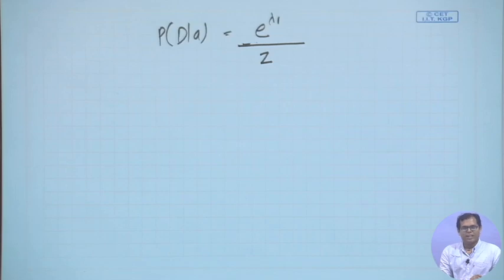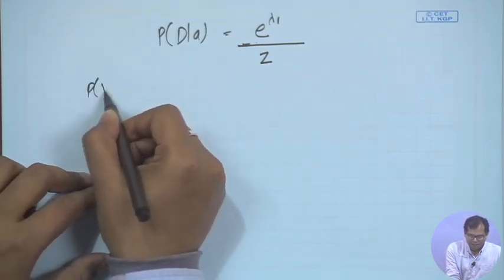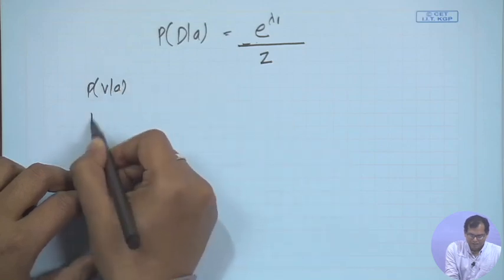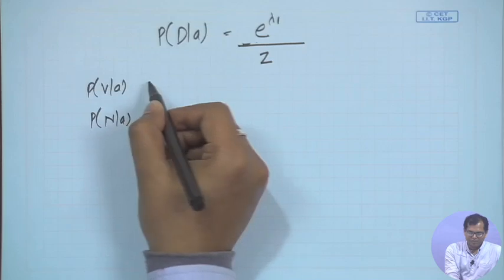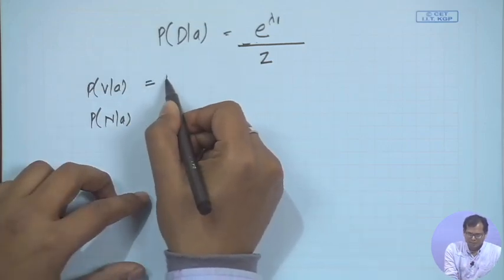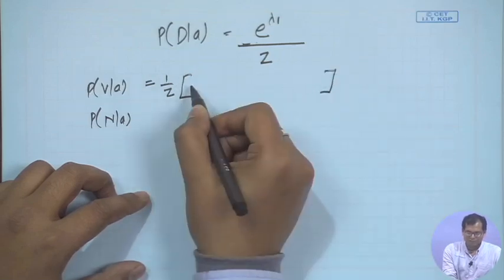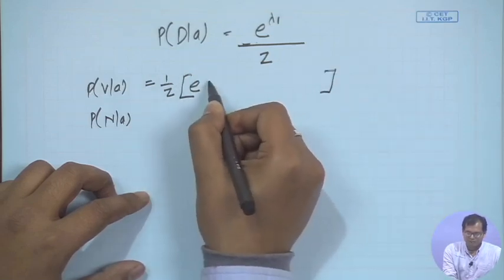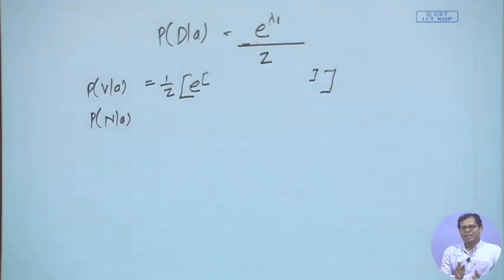Okay, now what is z? For finding z, I have to find probability v given a and probability n given a. Now what is probability v given a? Again I will write 1 divided by z times e to the power lambda 1 times f1 and so on.